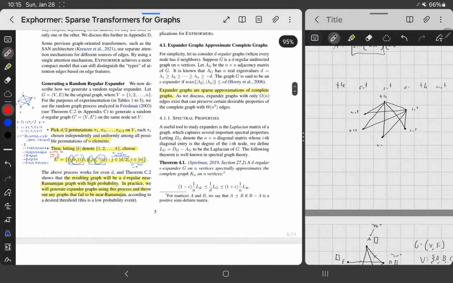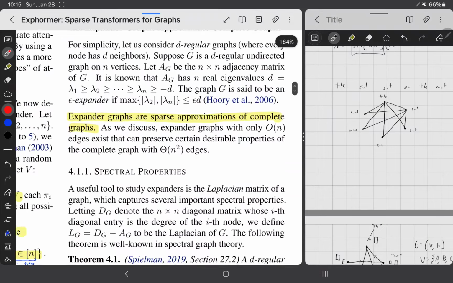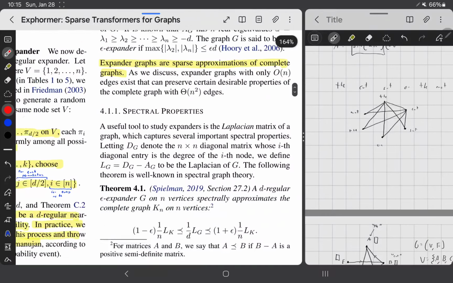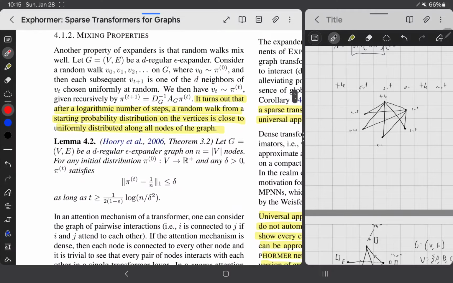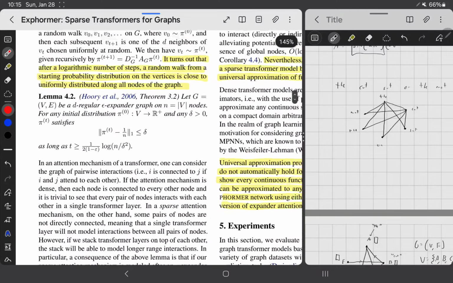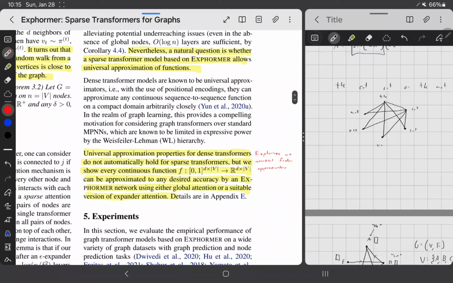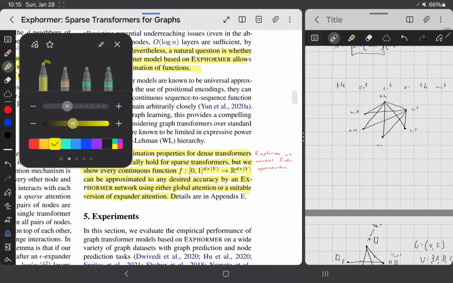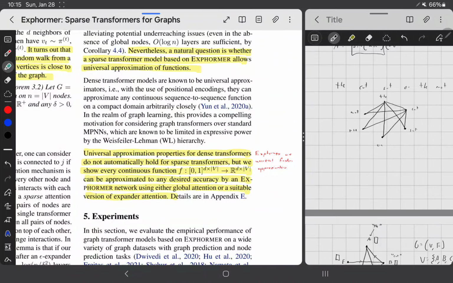So that is it. For the mathematical part, they have some very nice corollaries and lemmas that they define. And they have some nice properties of this Exphormer that they prove.